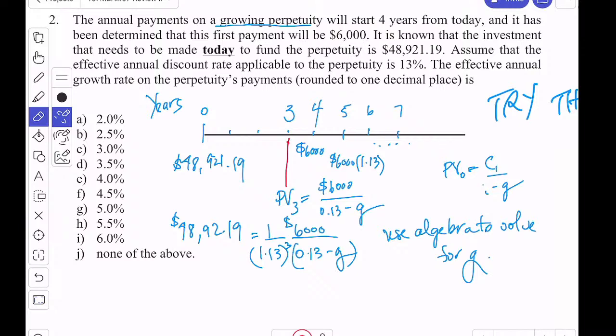Okay, so this is just mathematics at this point. The finance part is knowing which formulas to apply, how to use your calculator, and how to interpret questions and findings. So when you solve this for G, you get 4.5%.